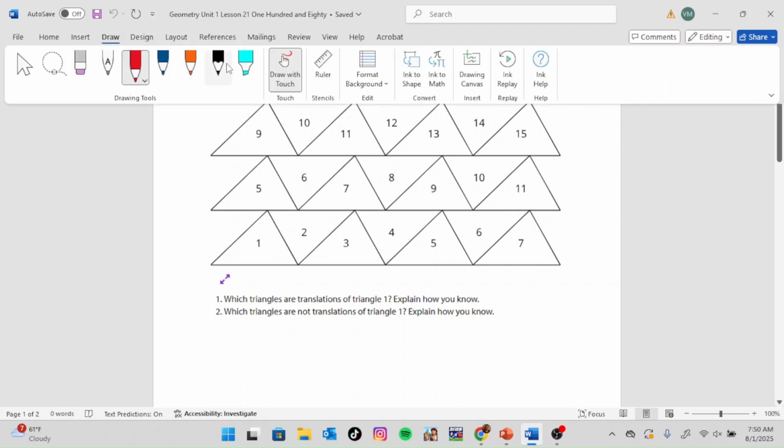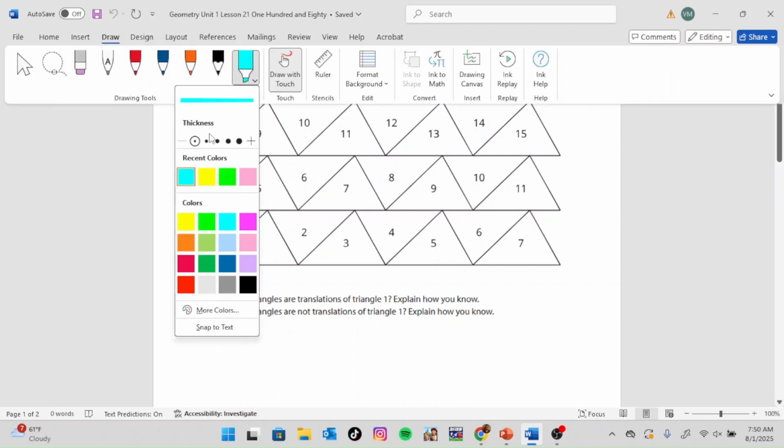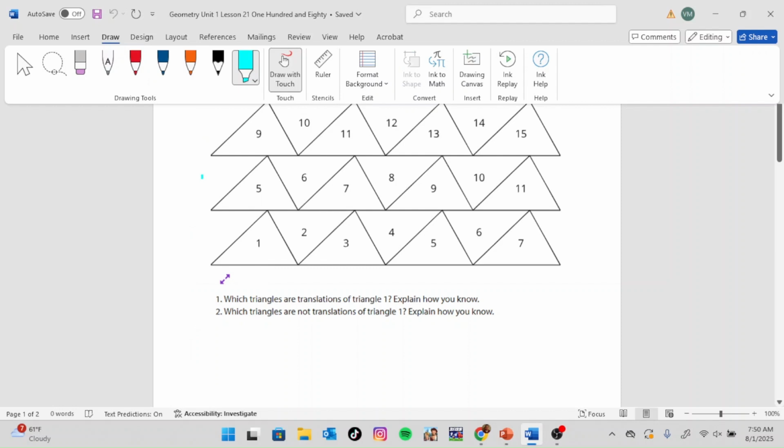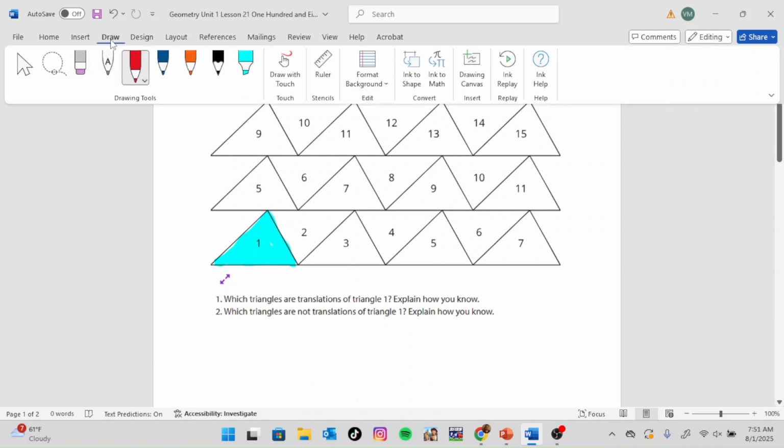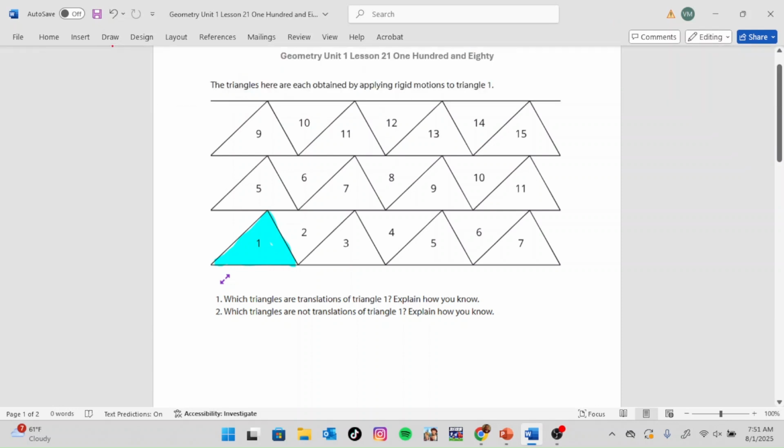I'm going to go ahead and highlight this in blue. So this is the triangle we're talking about. Number 1, which triangles are translations of triangle 1?